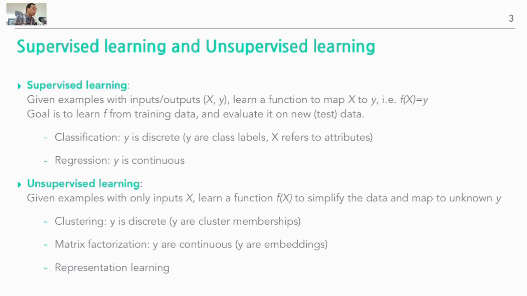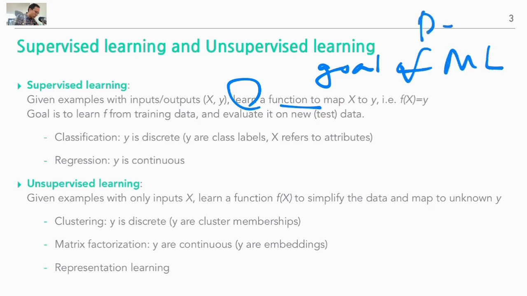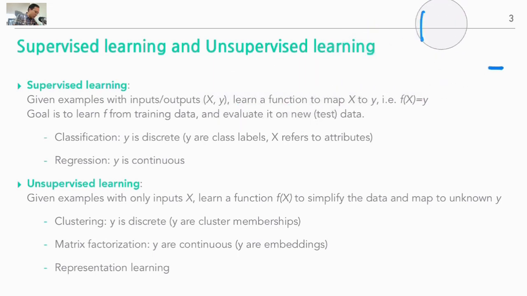We use some notation, X and Y, for the pairs. X represents input and Y represents output. And then we learn a function. So here the learning is the goal of machine learning, right? In deep learning, this is what we are interested in, right?